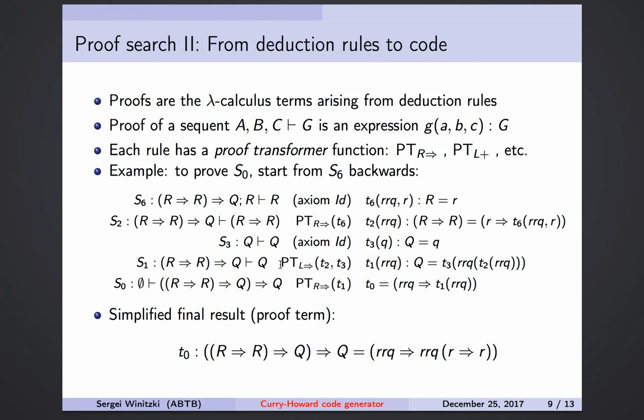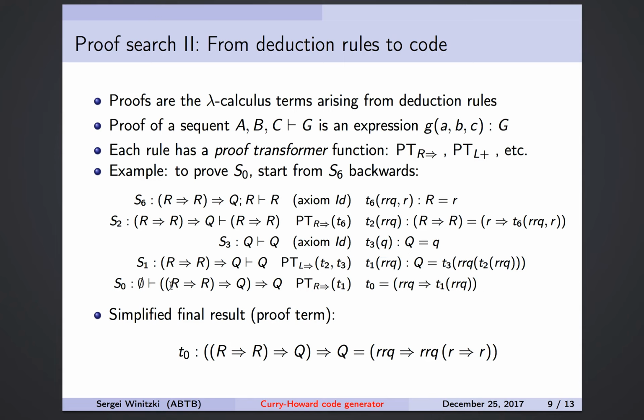So now we apply the proof transformer for T2 and T3. And that's the proof transformer. It takes T2 and T3 and also this argument, and it just mixes them all together in the right way to get the right type. There's only one way to do it again.